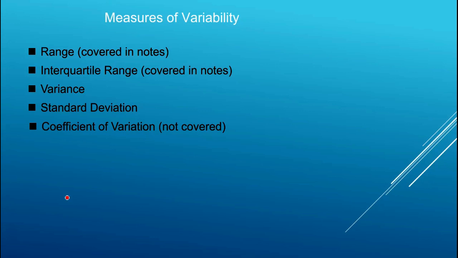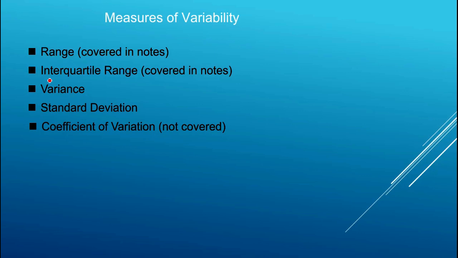Your textbook covers two concepts that we are not going to cover in class. Your textbook covers the range, which is simply the maximum value in the data set, minus the minimum value in the data set. Your textbook also discusses the interquartile range. The interquartile range is the difference between the 75th percentile and the 25th percentile.